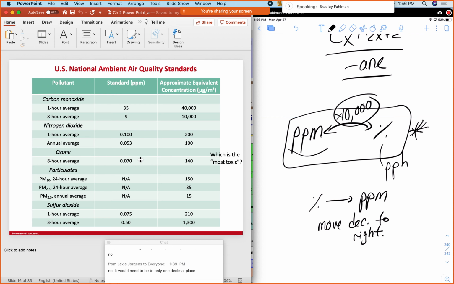You would have to sort out that in 8 hours you can tolerate this percentage, versus annually you can only tolerate this much. We had that discussion in class when we were face to face about which is, quote unquote, more toxic. The smaller the value, the more toxic, right? You can't breathe in as much of it in a certain time frame.